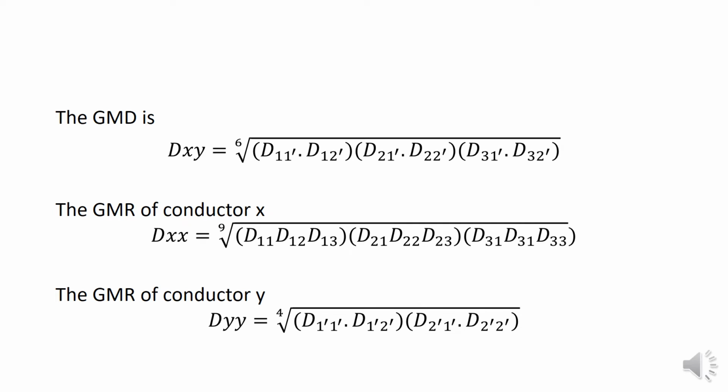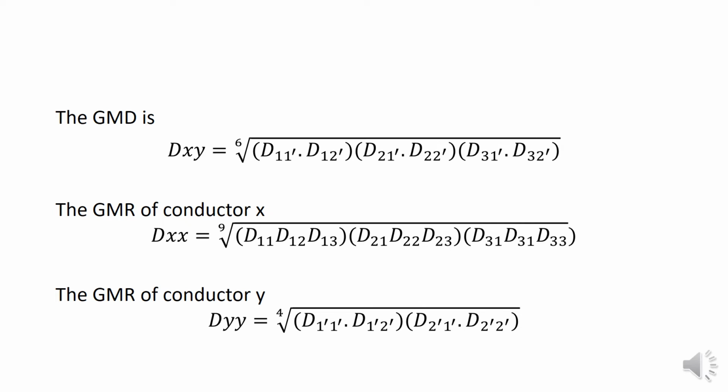Okay, then GMR. So what is meant by GMR? GMR is geometric mean radius. So geometric mean radius is calculated for two conductors, right? That means we are calculating for conductor X at one time, then conductor Y another.